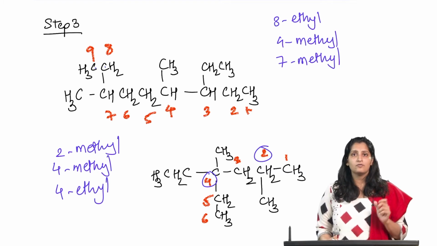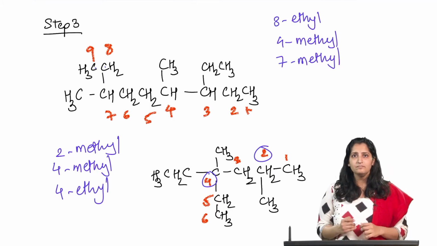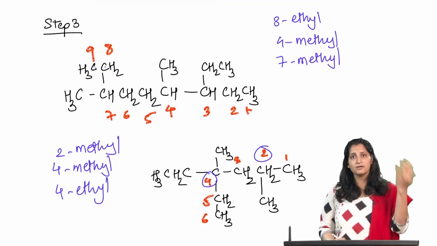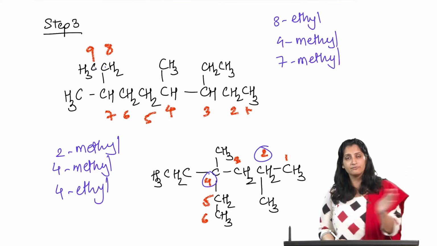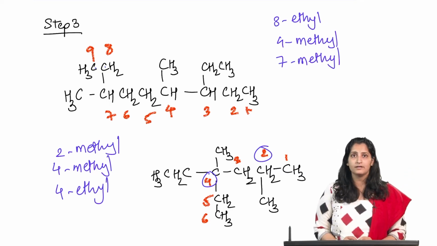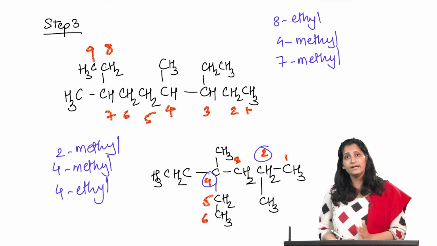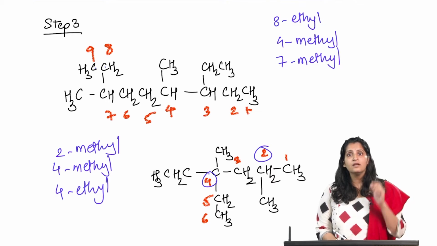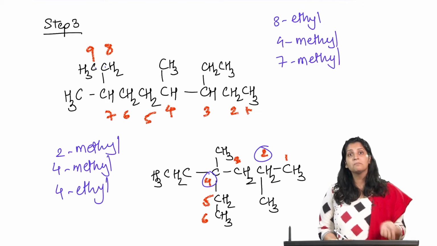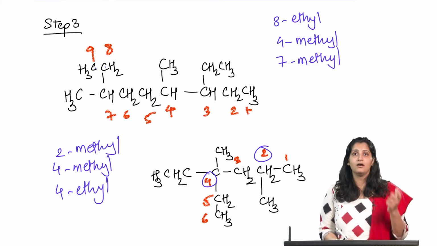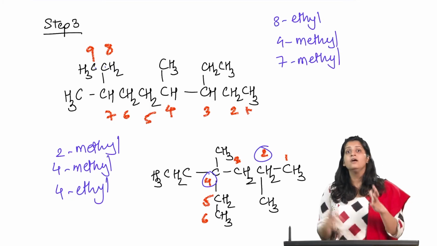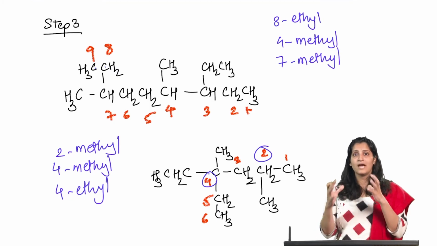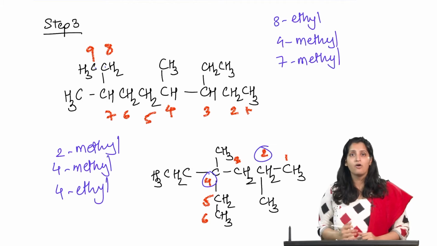We start with the first letter capital, rest of the name will have all small letters. If two or more identical substituents are present, then we use one of the multipliers such as di, tri or tetra before them.